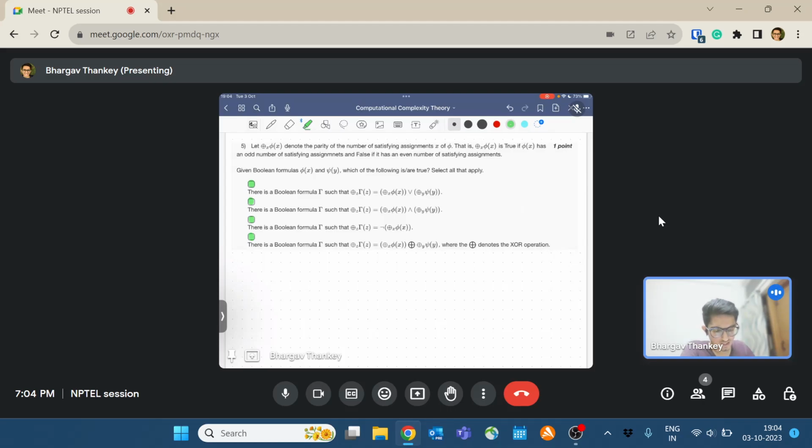Did you see these three constructions in class, or should I give these constructions? Have you seen these three in class, or should I give them? It was told in class, I think.